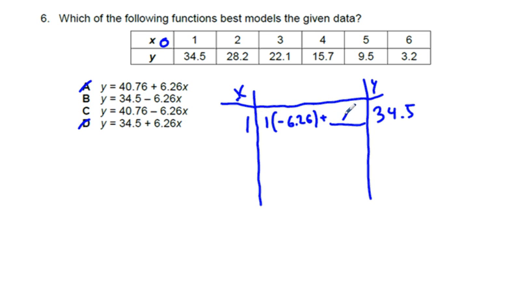So I can just say x, not to confuse with that x, we have negative 6.26 plus x equals 34.5. So we add 6.26.